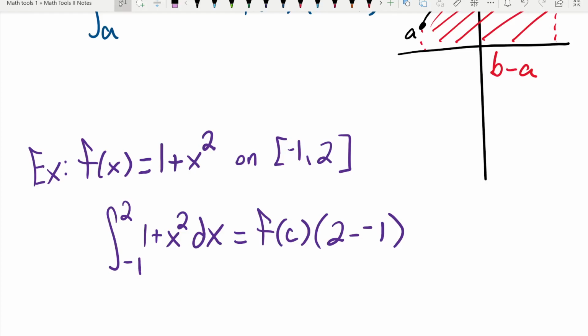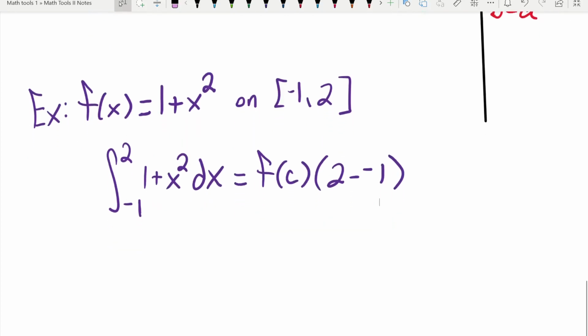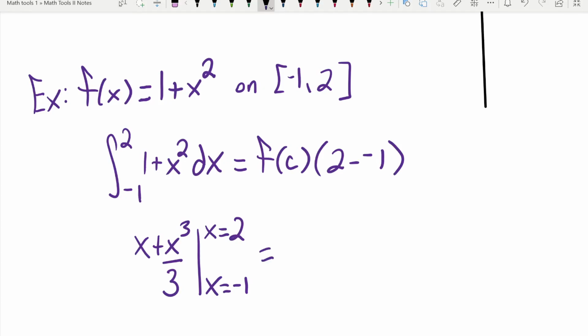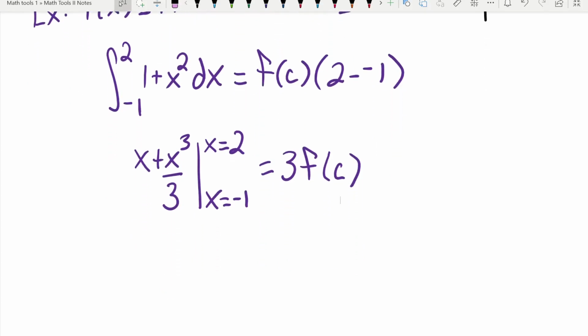In order to find this number, we need to actually evaluate the integral, of course. So we'll get x plus x cubed over 3, evaluated from x equals -1 to x equals 2, and that's going to be equal to 3 times some number f of c. So we evaluate the integral first, plugging in the bounds, and then we're going to end up dividing by 3.